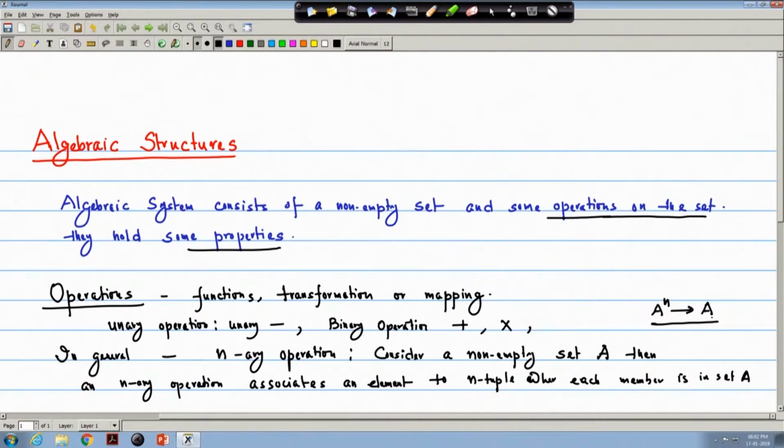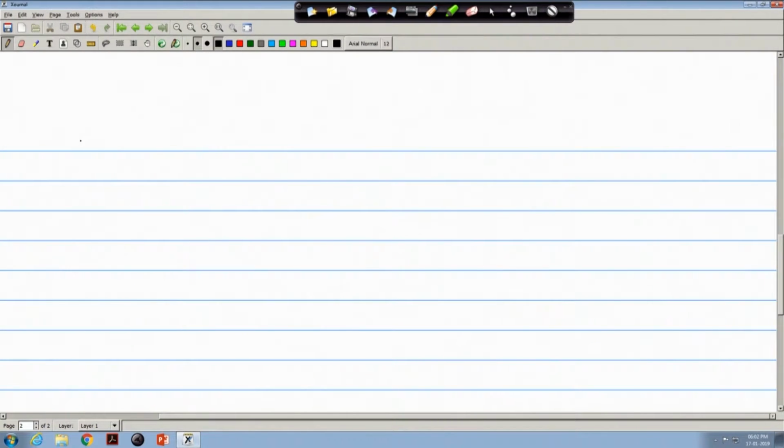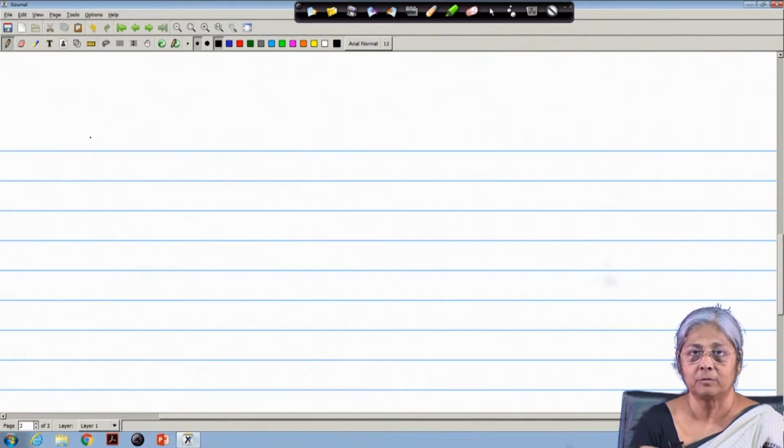Now, this can be a binary operation, which is A cross A to A, and our addition is a binary operation like that.